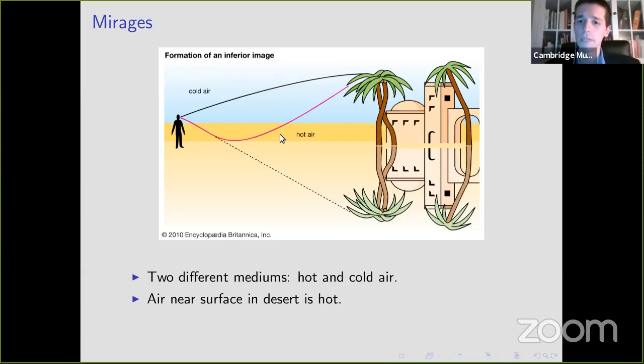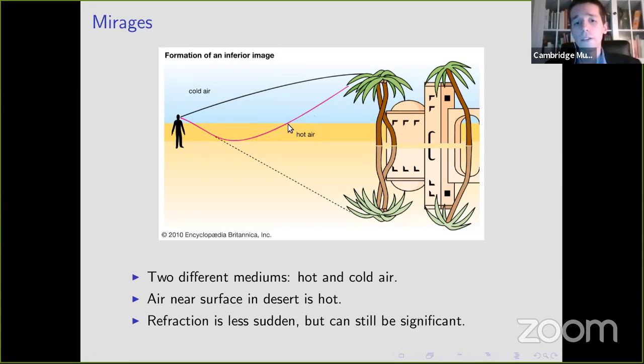And this is known to happen in the desert. The air near the surface in the desert is hot, it's warmed by the sand, while the air above is colder. The refraction is less sudden. There is also a gradual change in the temperature, but it can still be significant.